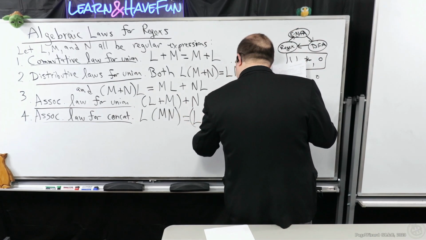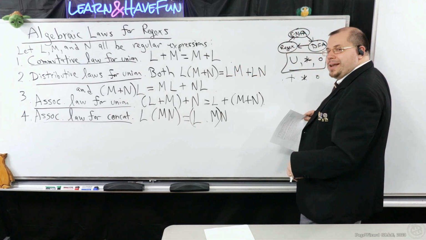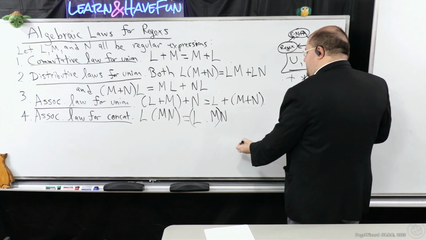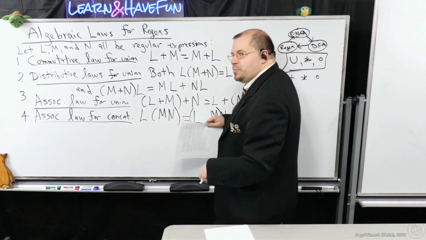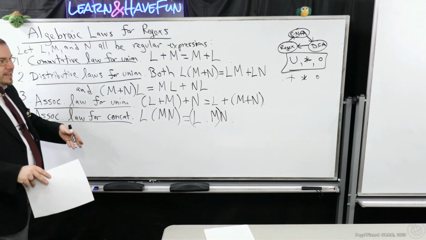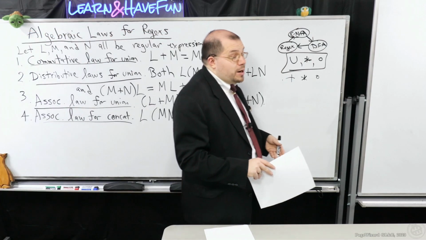If I do the concatenation between L and M first before I do it to N, these are the exact same thing. If you're not convinced by this, pull out the definition of what concatenation is and see what the resulting languages would be in each one's order.